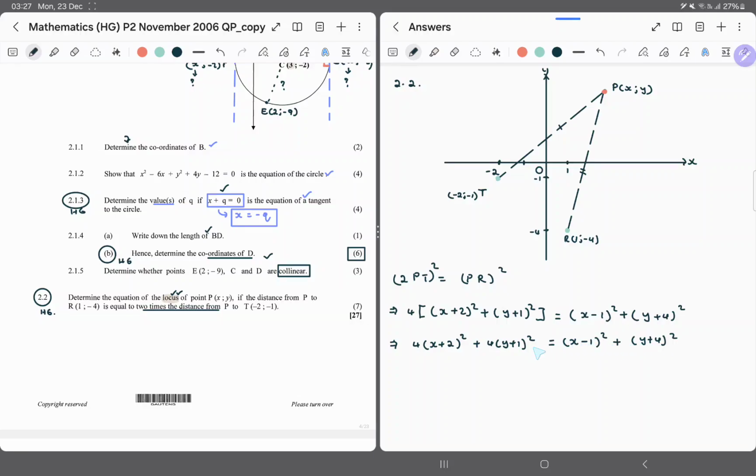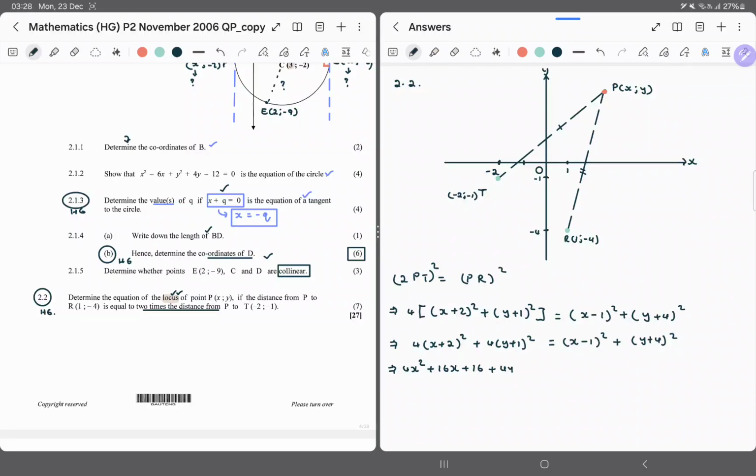We need to FOIL this thing out, because there are no like terms here. So we will have 4x squared plus 2x times 4 times 2, that is going to be 16x. This is going to be 2x times 2, that's 4x, 4x times 4 is 16x. Plus this is 4 times 4, that's going to be 16 again.